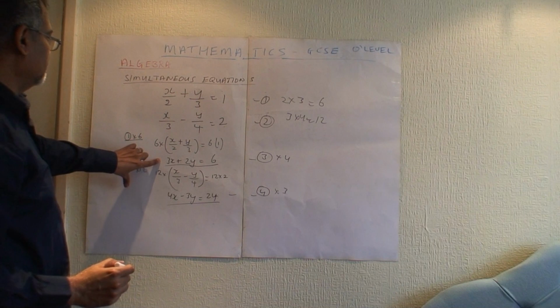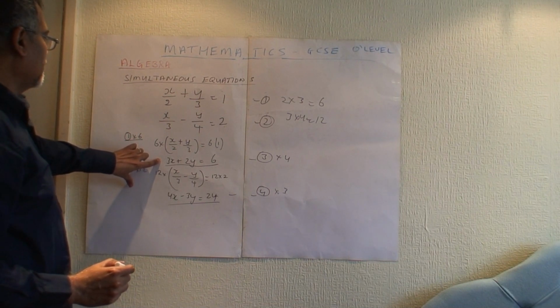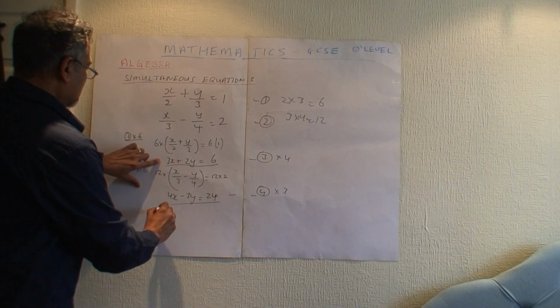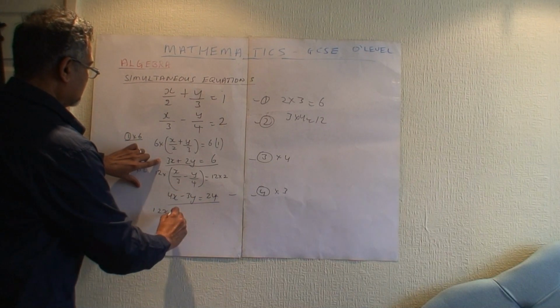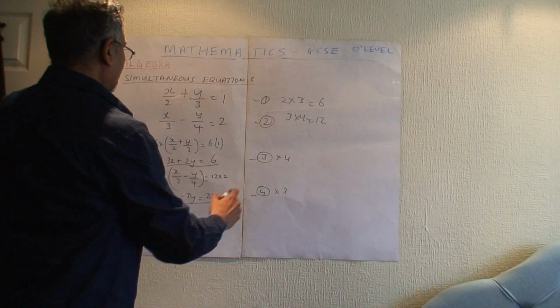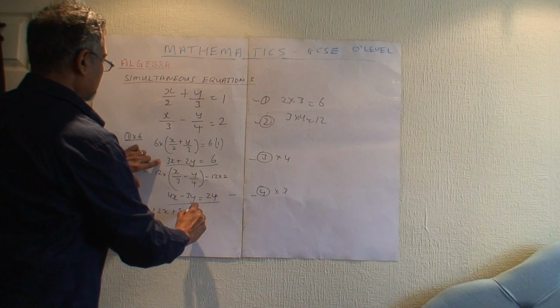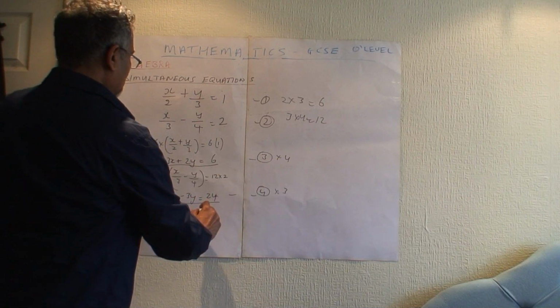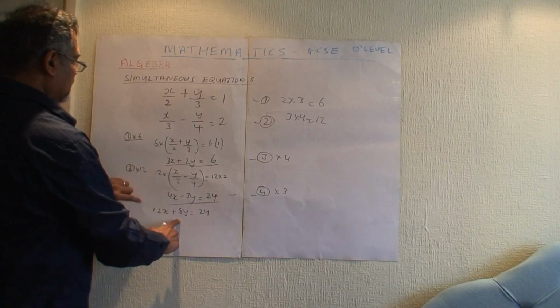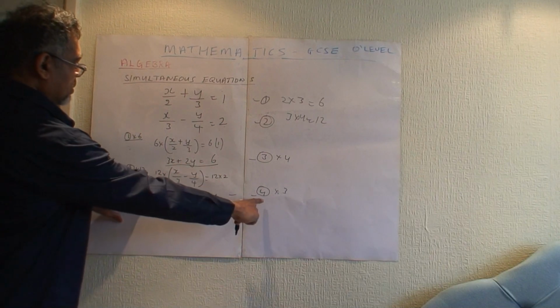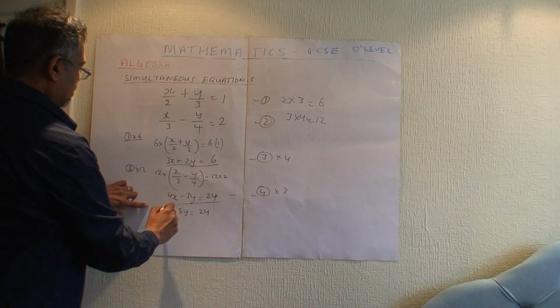So if we do that, then it becomes 12x plus 8y. 6 4s are 24. The fourth one multiplied by 3. 4 3s are 12.